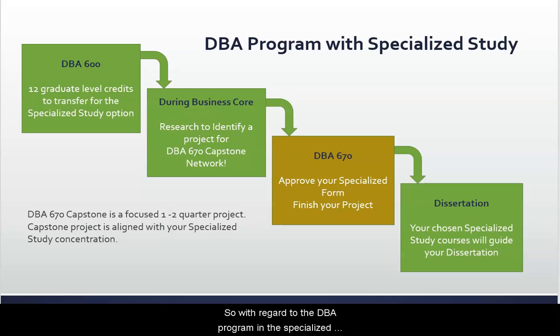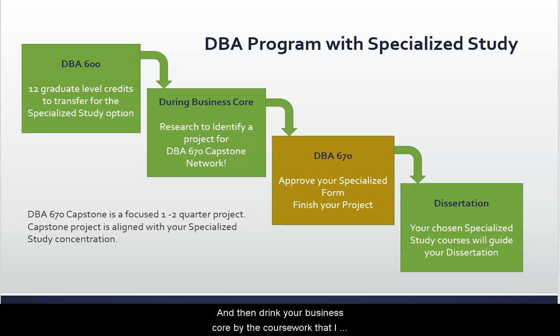So with regard to the DBA program and the specialized study, I want to share with you how to move forward through this. If you haven't done this in your DBA 600 class, it's really important to identify those 12 graduate level credits that you're going to transfer in for your specialized study option.